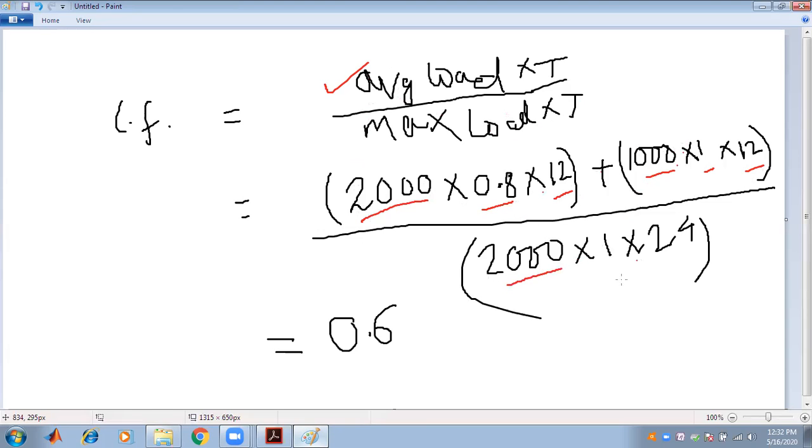Between 0.8 and 1, 1 is the maximum power factor, and total hours is 12 plus 12, which is 24, because we are multiplying with T for the numerator and the denominator. So this is the maximum power demand and our output is 0.6. This is the answer for the load factor for the first mathematical problem.